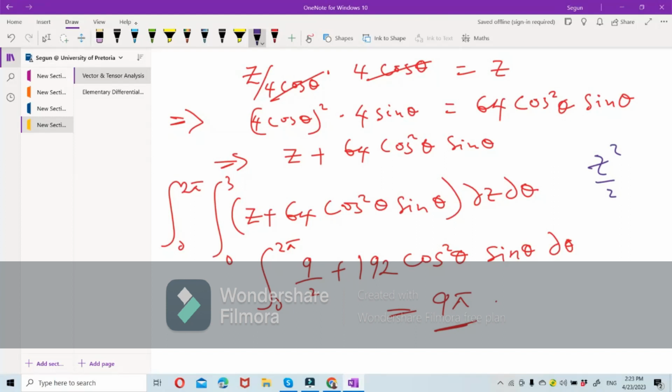So since we are not differentiating, what do we have at the end of the day?